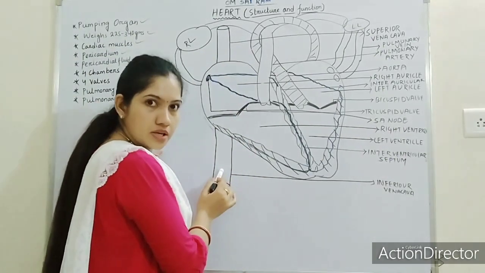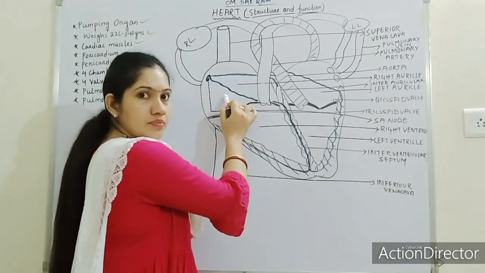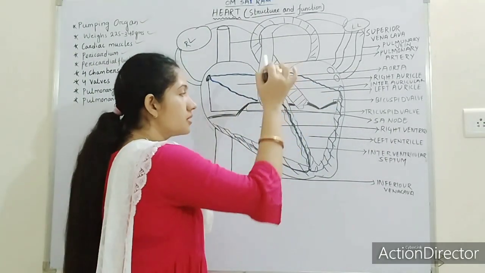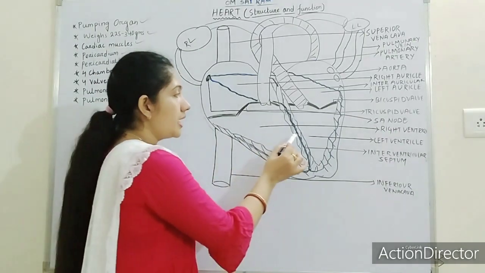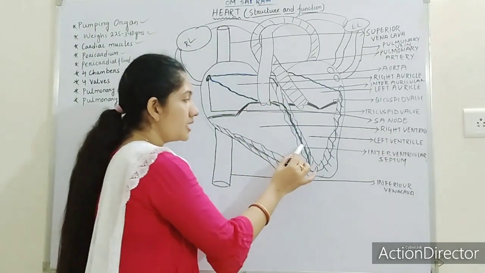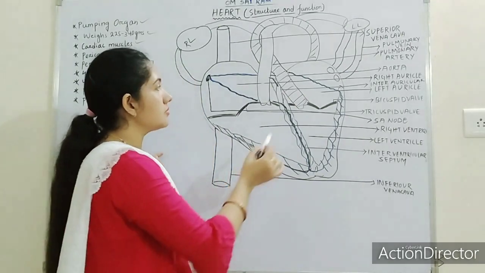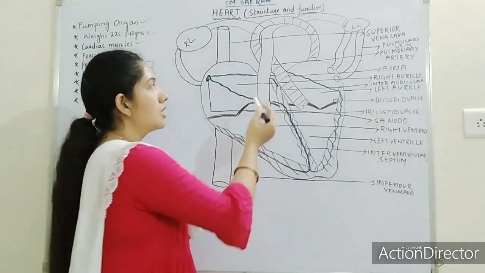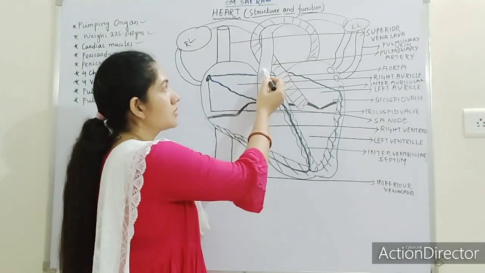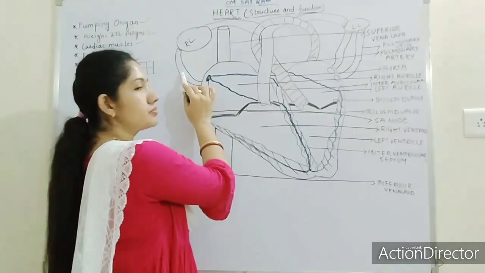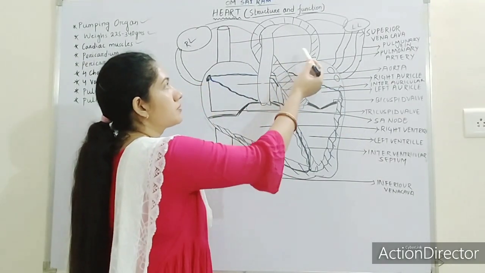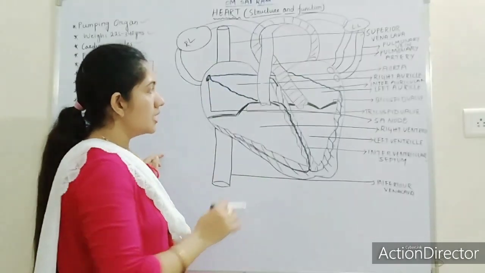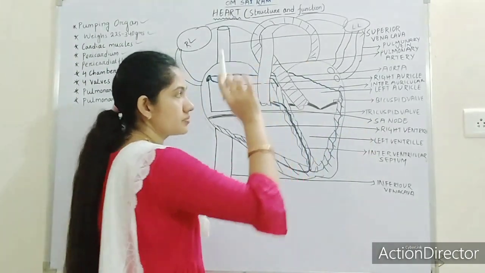Superior vena cava, inferior vena cava, right auricle, right ventricle, left auricle, left ventricle, interauricular septum, interventricular septum, tricuspid valve, bicuspid valve, pulmonary artery, pulmonary vein, aorta, lungs, right lung, left lung, and SA node. Got it?